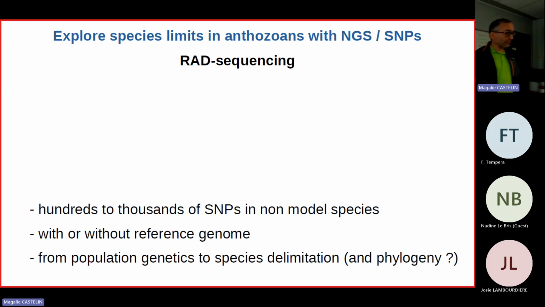And it can be used in different topics. We'll see some of them today: population genetics to species delimitation. And in some cases, phylogeny. There are a few papers on phylogeny, but we can discuss that, or you will talk with Eric. If it's very divergent, usually it's no more informative.